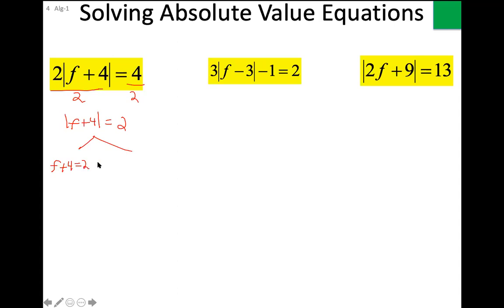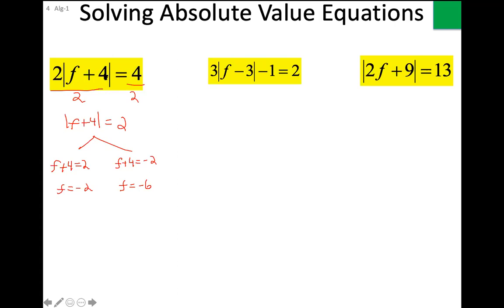And the second one is an f plus 4 and a -2. That allows for our 2 possible answers. And then we solve each one separately. Subtract 4 from both sides, so f is equal to -2. Subtract 4 from both sides, and we get a -6. So these 2 answers, -2 and -6, can make this whole thing true.